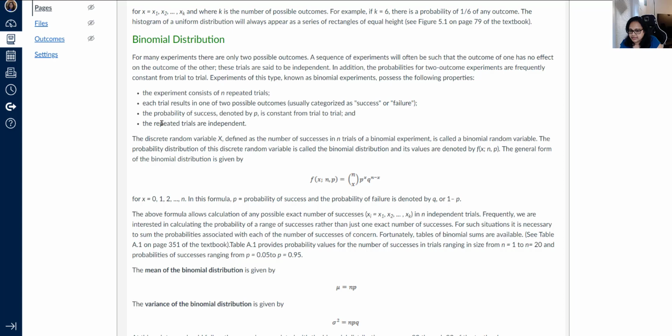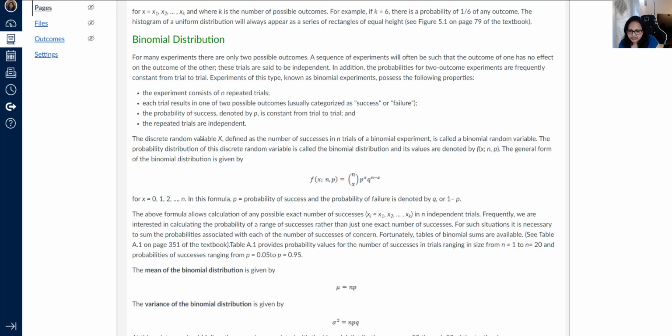You have to define that. If someone defines getting a head as a success, or someone defines getting a tail as a success, then the distribution will change. When I throw a coin once and then throw it again, each of those is a trial in that experiment, and one is not affecting the other.